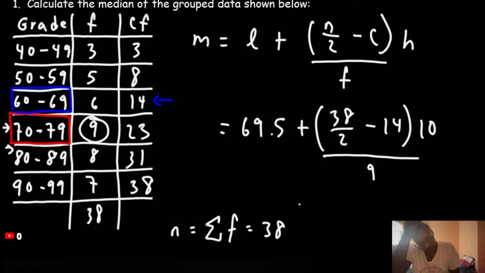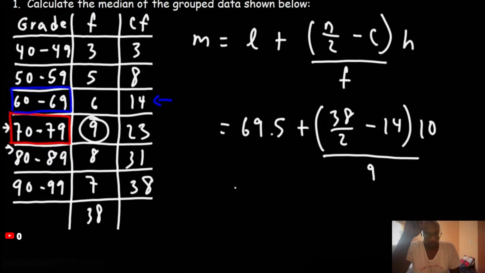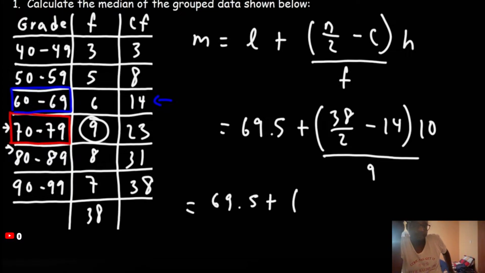So now let's plug in everything. Actually, let's simplify it first. 38 over 2, that's going to be 19.